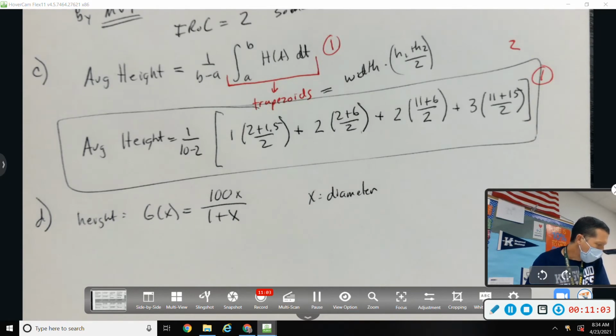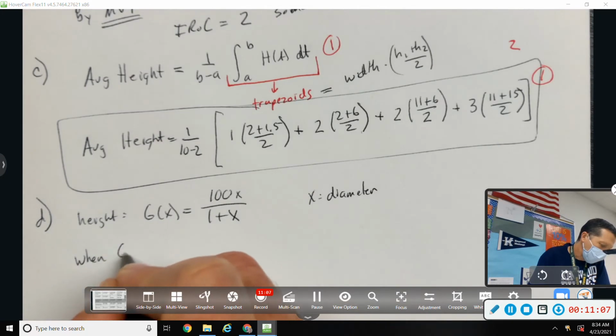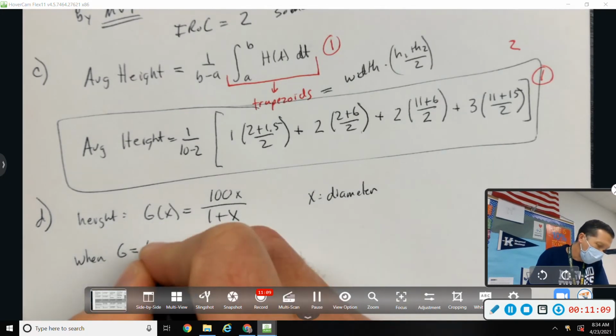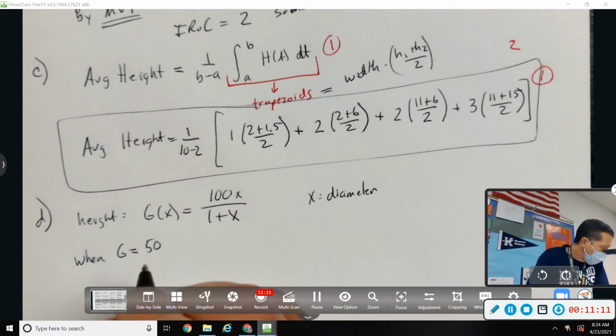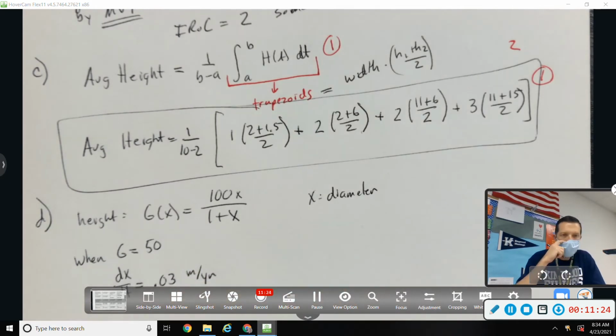When the tree is 50 meters tall, I'm going to translate to variables we're using. So when g is 50, the diameter is increasing at a rate, so dx/dt is 0.03 meters per year.